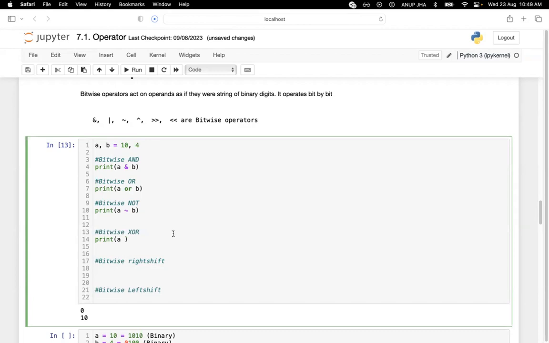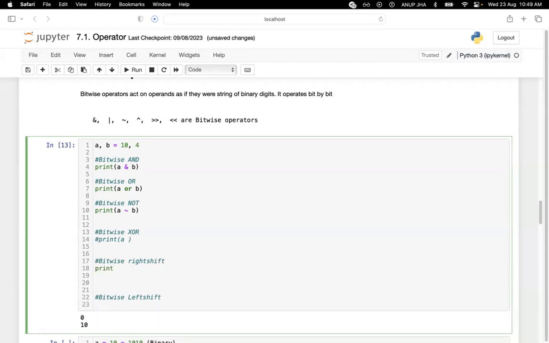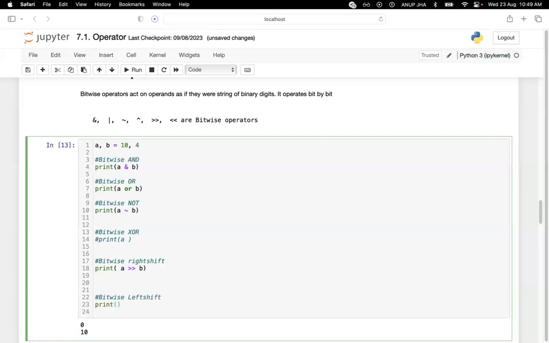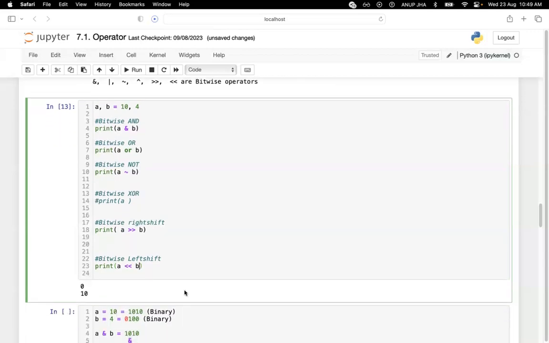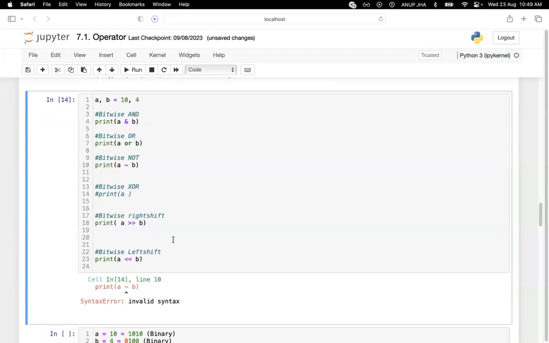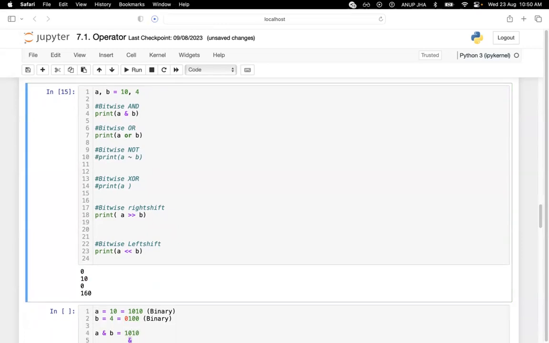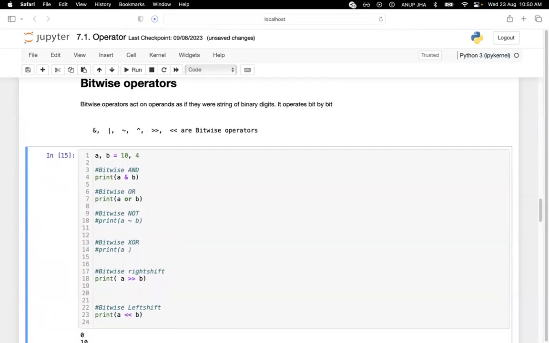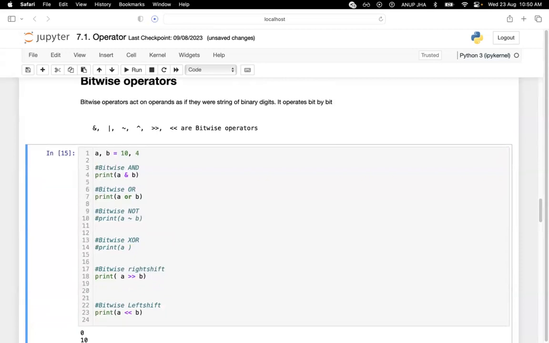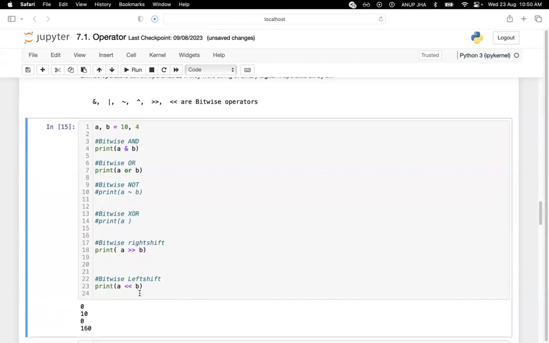So let's get it. Shift. Print. Now if you run this, this is how I'm getting.